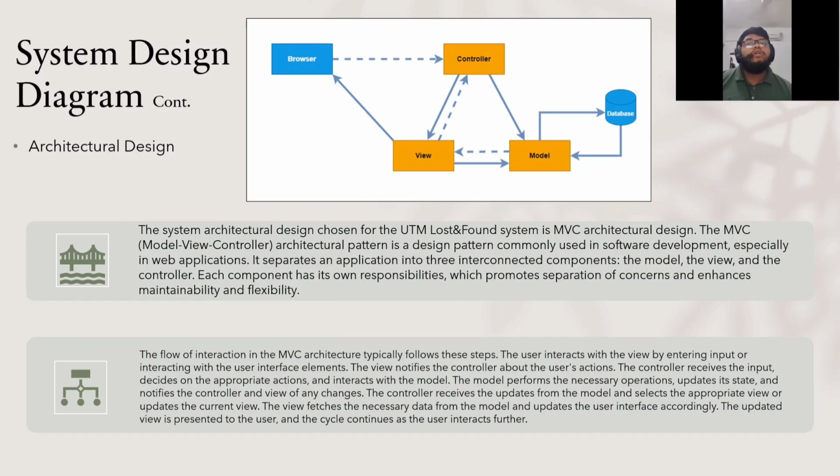The controller receives the updates from the model and selects the appropriate view or updates the current view. The view fetches the necessary data from the model and updates the user interface accordingly. The updated view is presented to the user, and the cycle continues as the user interacts further.